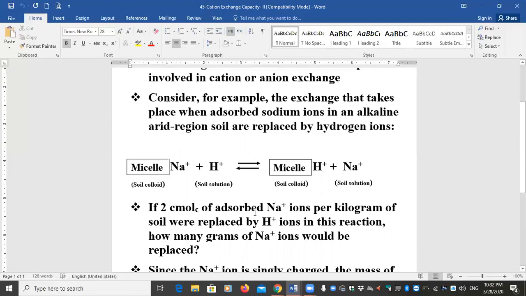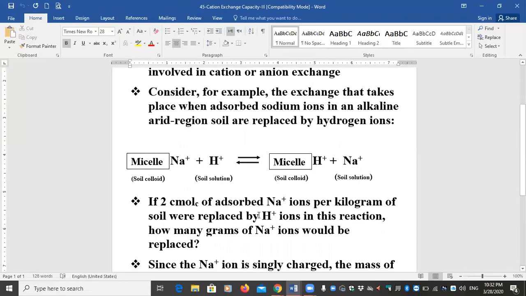Okay, concentrate. So if we have then the example here, 2 centimole of charge of adsorbed sodium ions per kilogram of soil, they were replaced by hydrogen ions in this reaction that we see here. Okay, the question is, how many grams of sodium ions would be replaced?